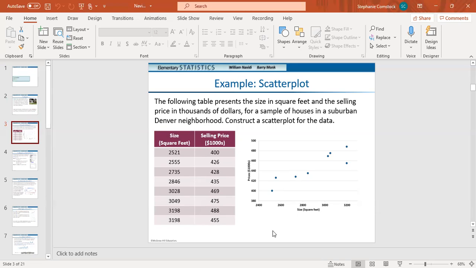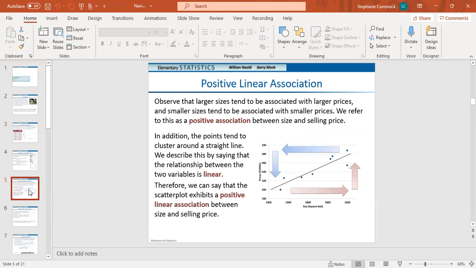What we're seeing here is that when these house sizes increase and go this way, those dots also have a higher value. So we see this upward trending pattern, okay? Now we have verbiage for that. The verbiage is what's called a positive association.